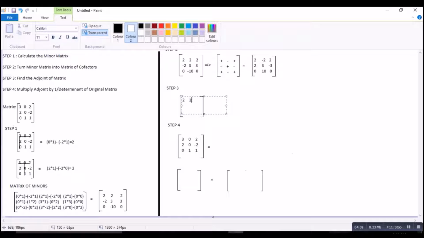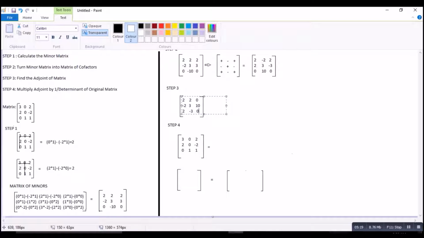I'll write them down. Now converting the second column into the second row, we get -2, 3, and 10. Now converting the third column into the third row, we get 2, -3, and 0. And this is what it looks like.